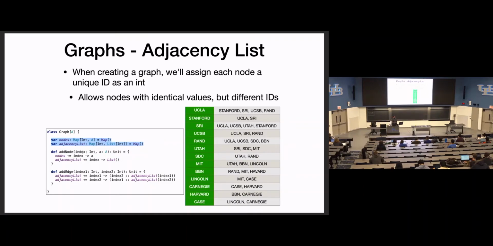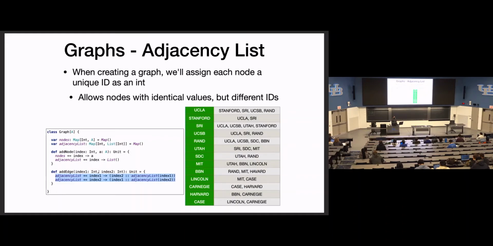If we want to add a node, we're going to give it a unique index and the value that we want to store, add it to our nodes, and add it to our adjacency list with an empty list. And then when we want to add an edge between two nodes, we're going to do it by indices, and we're going to add it to both adjacency lists.